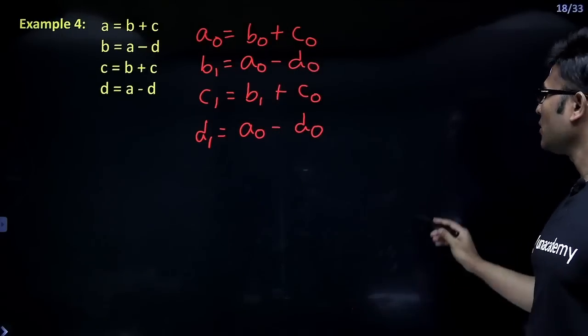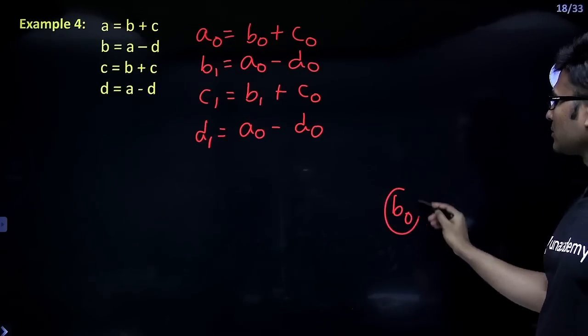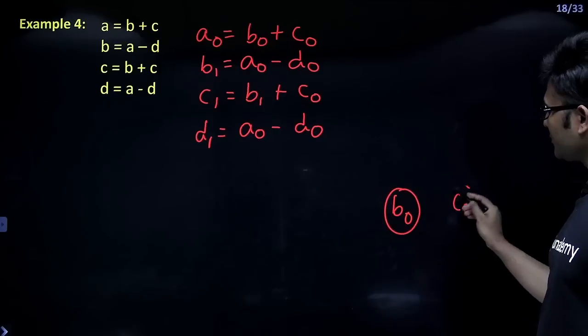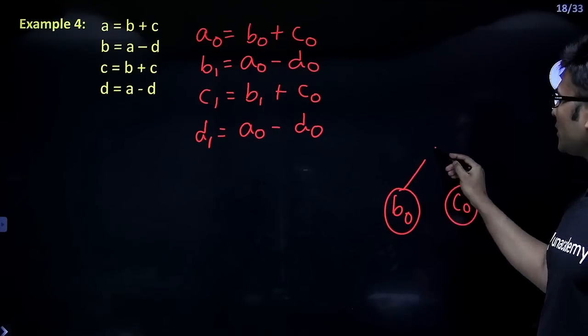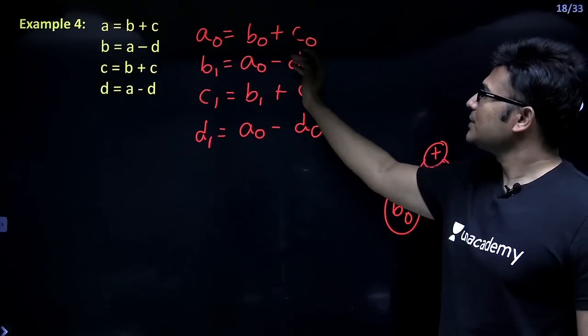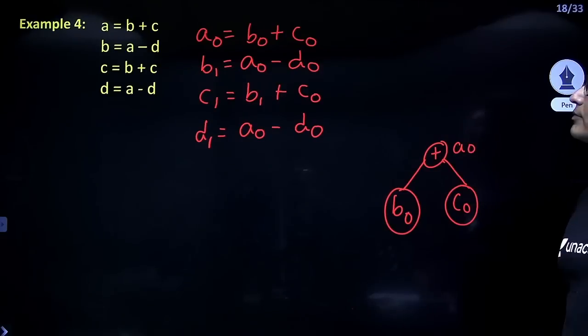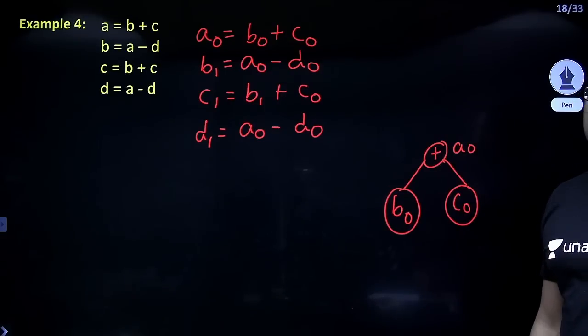B naught plus C naught is going to be A naught, right?